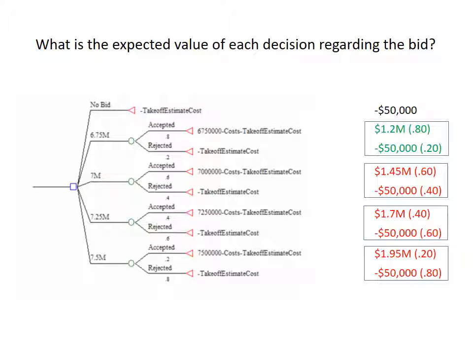And if we bid $7.5 million, we have a 20% chance of making $1.95 million and an 80% chance of losing $50,000. So in each box, we would add the numbers together, the top and bottom branch, and sum them up to get the expected value. And in this case, the low bid of $6.75 million has the highest expected value.